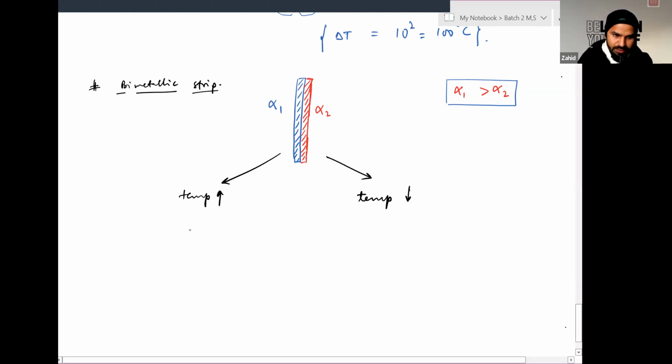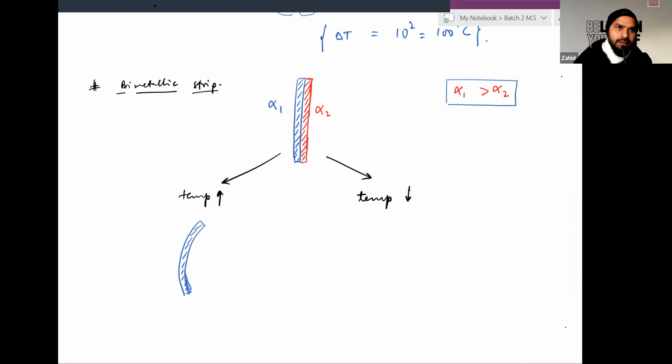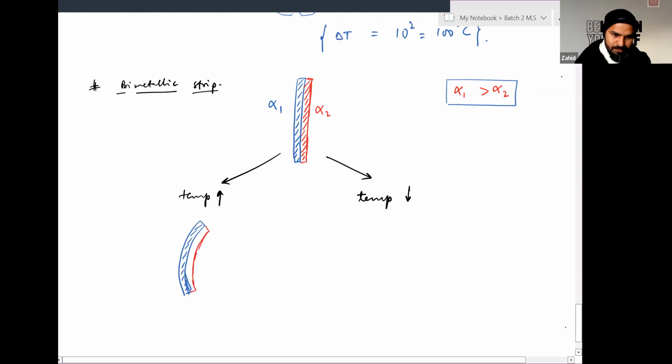So the shape of this bimetallic strip would become this, in which the blue one is towards the convex side and the red one is towards the concave side.